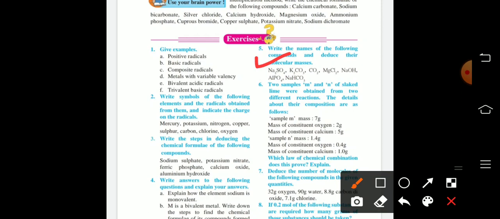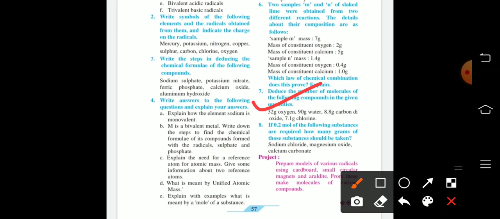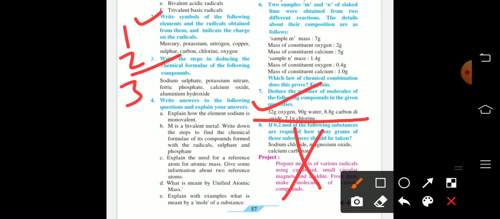Then example number 6 is omitted. Then question number 7 and question number 10 and this activity are omitted. Clear? So only how many questions are we writing? Question numbers 1, 2, 3 and 7. Only these answers we are writing. Remaining all omitted, and question number 5 is already over last time.